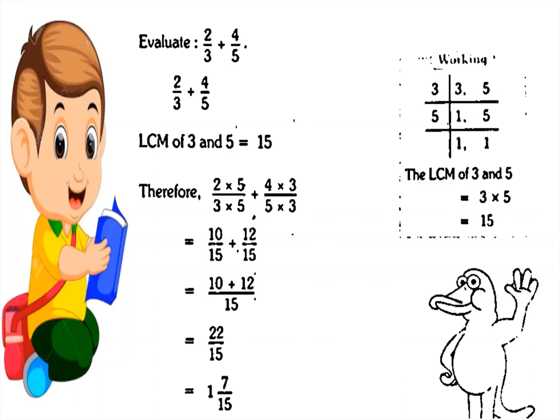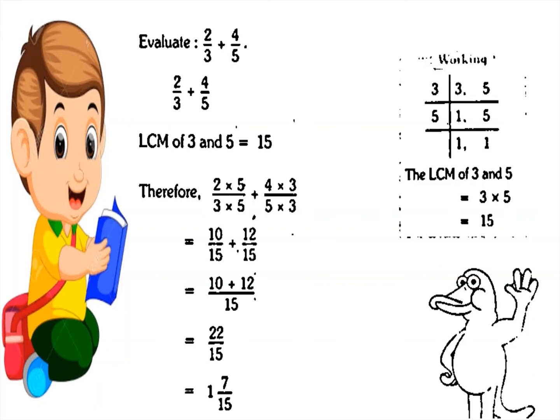So here the answer of LCM is 15. So the common denominator is 15. We shall convert it into equivalent fractions. 2 upon 3 plus 4 upon 5 will be converted and we shall get 10 upon 15 plus 12 upon 15.